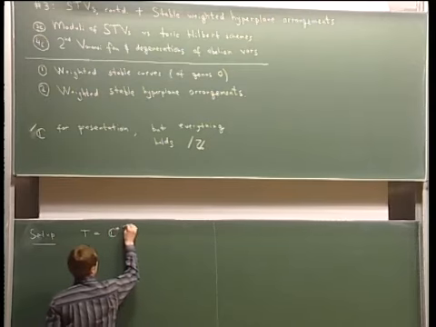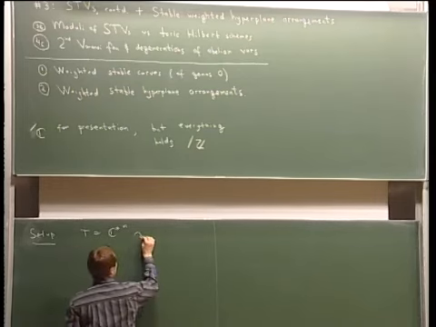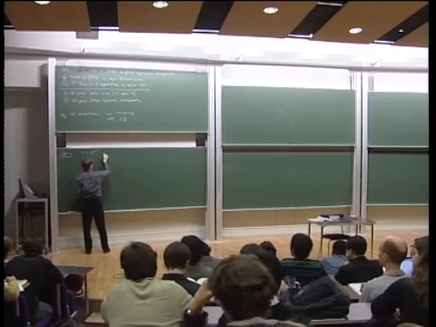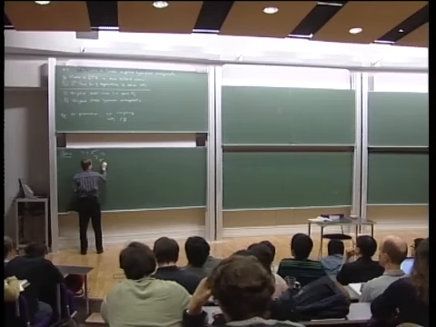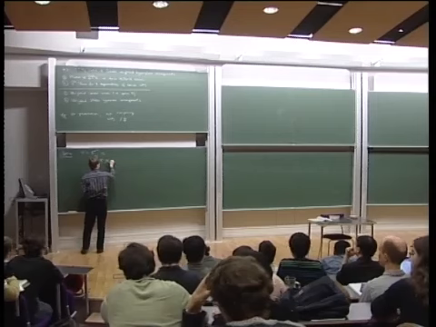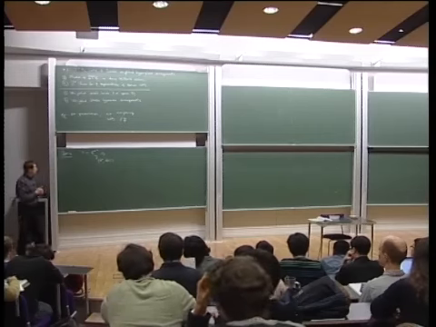Torus will be just a power of C star, and then we will suppose that it acts on some projective space and also on O of 1. So we have a linearization.